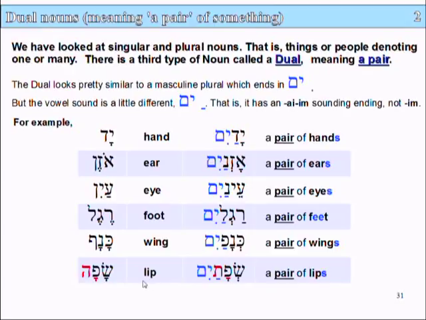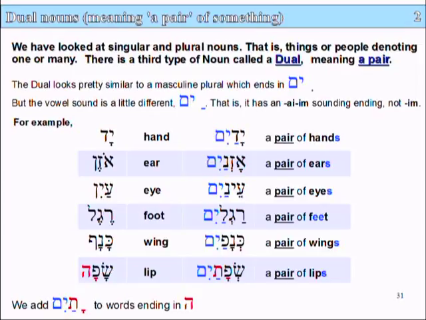This has the same spelling as the masculine plural, but it has an im instead of an em at the end of it. So just a slightly different vowel sound, but the same consonants in the plural. If it's got a hey at the end, we can have a tav there. So that's just something to be aware of.